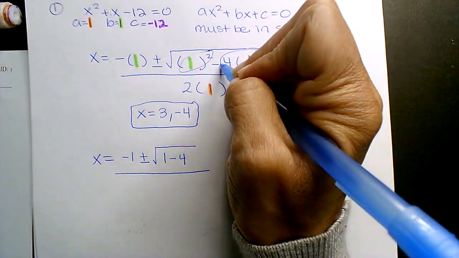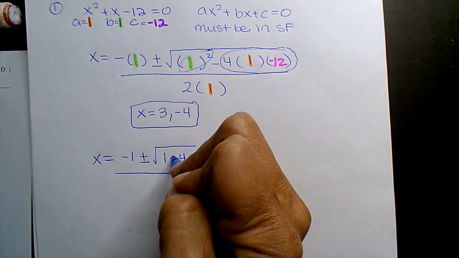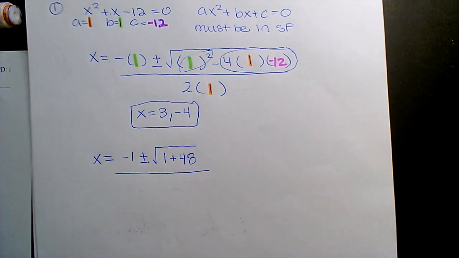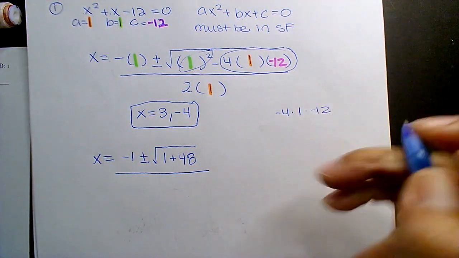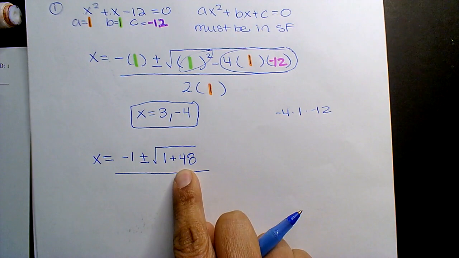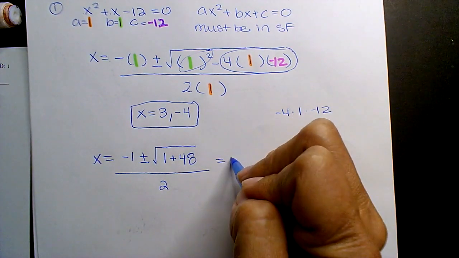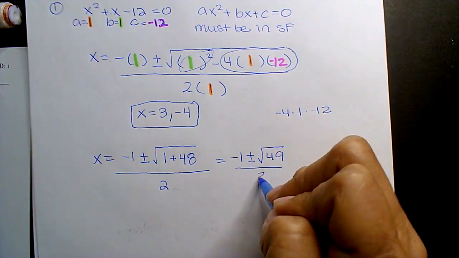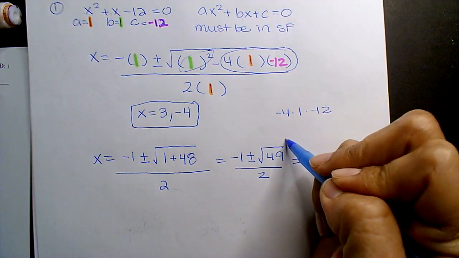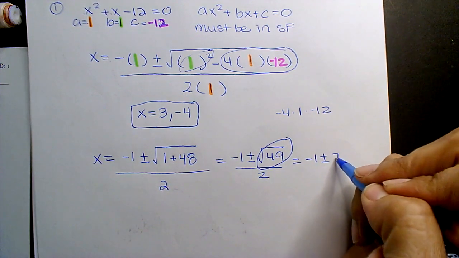Now, you could do all three numbers, multiplication, and get negative 48 or positive 48. What's negative 4 times 1 times negative 12? 48, positive. Now what's 2 times 1? 2. What's negative 1 plus or minus 49, all over 2? What is the square root of 49? Plus or minus 7.